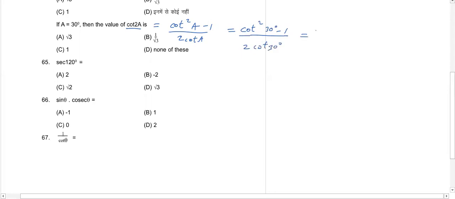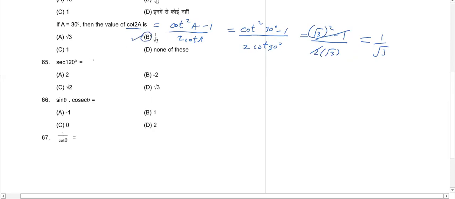So we can say root 3 squared minus 1 over 2 into root 3. We said that and that cancel out. That should be equal to 1 over root 3. 1 over root 3, that is the answer.